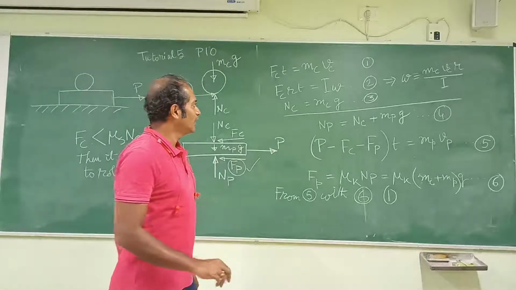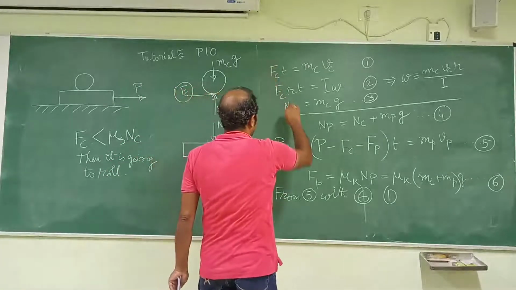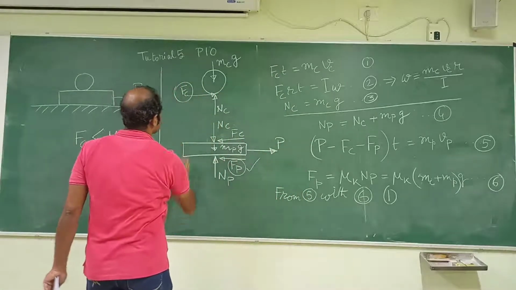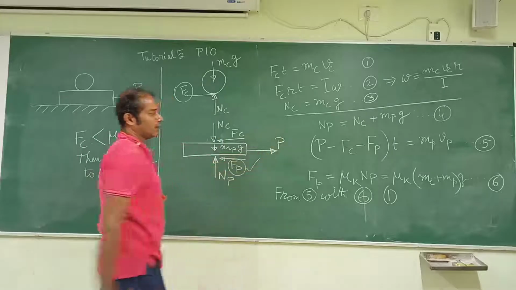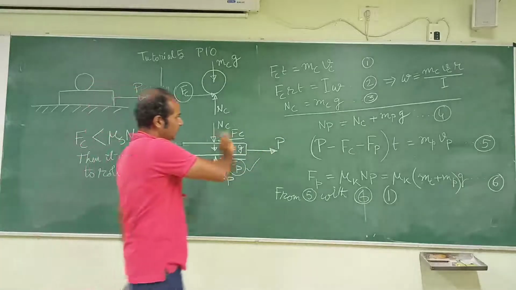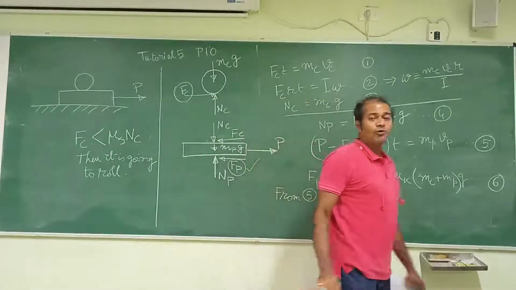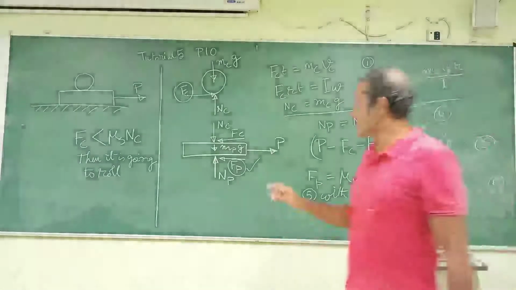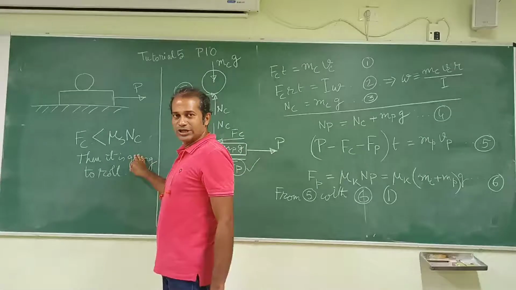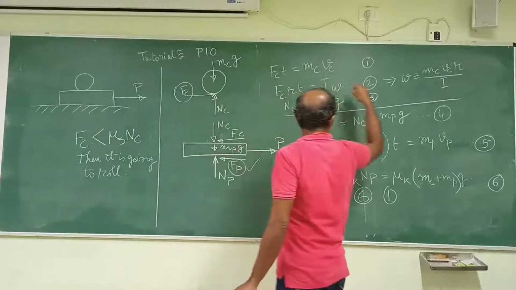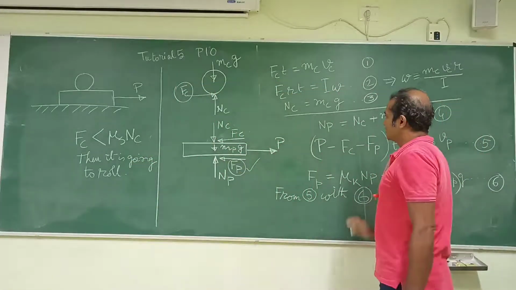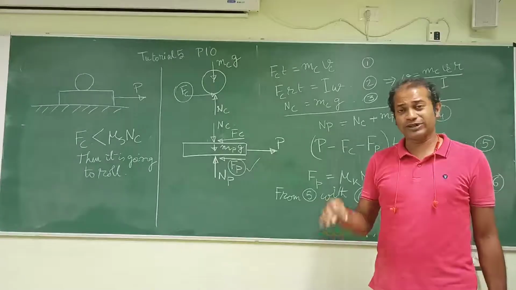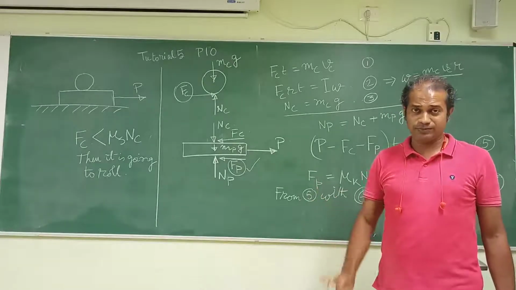Look over here that I have not used any condition over there. This is a free body diagram, irrespective of whatever parameter you are going to choose. I have not imposed any condition over here. So this is true: 1, 2, 3, 4, 5, 6. These 6 equations are true irrespective of whether it is going to roll or slip.